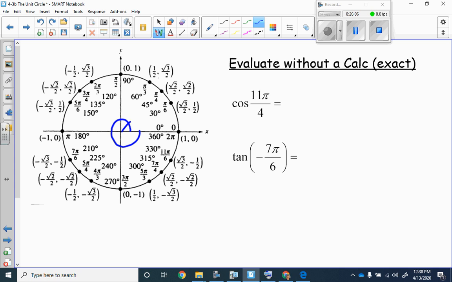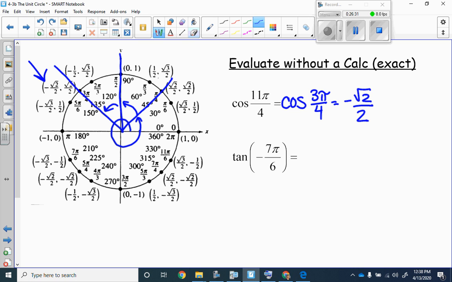So then go to 9 fourths, 10 fourths, and then we make it over here to 11 fourths. So cosine of 11 pi over 4 is equivalent to taking the cosine of 3 pi over 4. And cosine in this situation, we'd be looking at that x value of negative square root of 2 over 2.